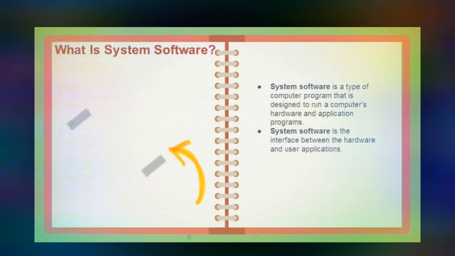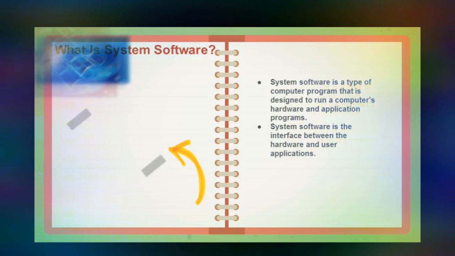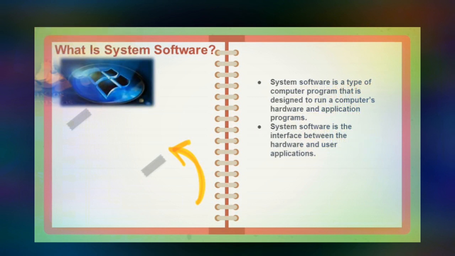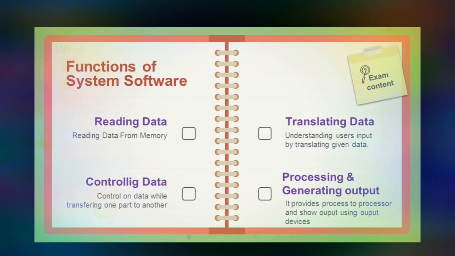System software is a type of computer program that is designed to run on computer hardware and application programs. If your computer does not have system software, you cannot run application software. So system software plays a vital role while computing. This one is Windows operating system, that is system software. Second one is Linux, and third one is very familiar to you, that is Android.